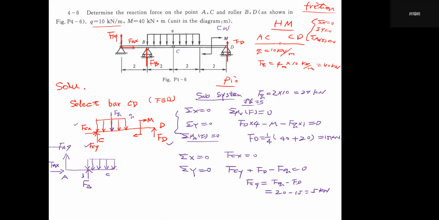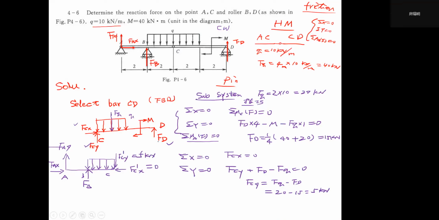We should give FCX prime here and FCY prime here, which are opposite to these. So that means FCX prime equals FCX equals 0, and FCY prime equals FCY equals 12 newtons.